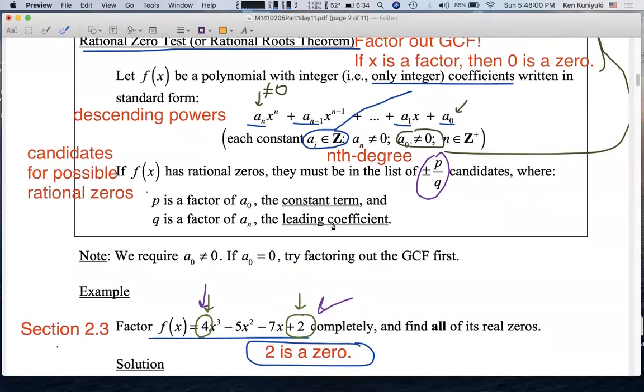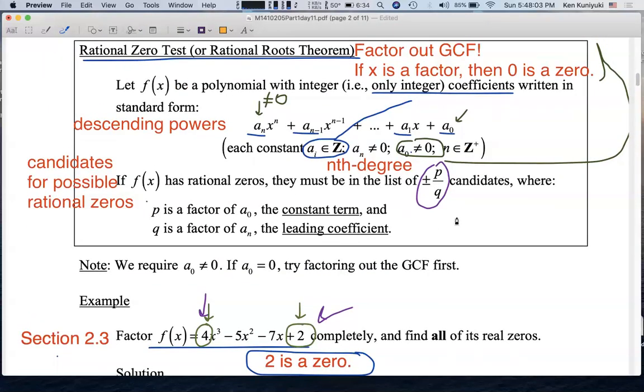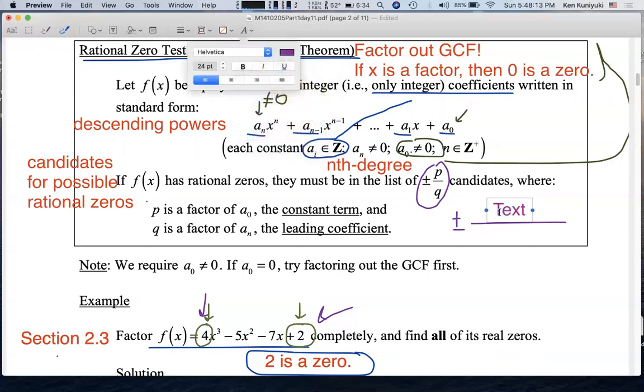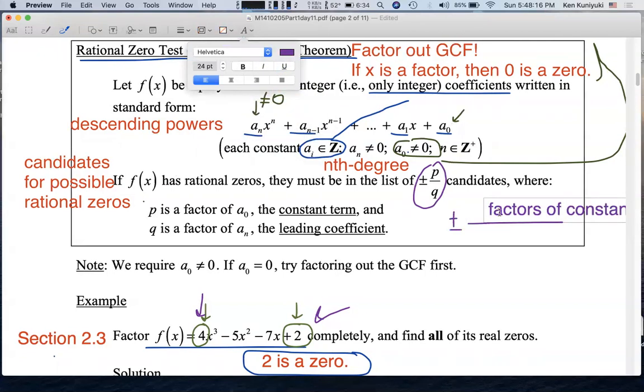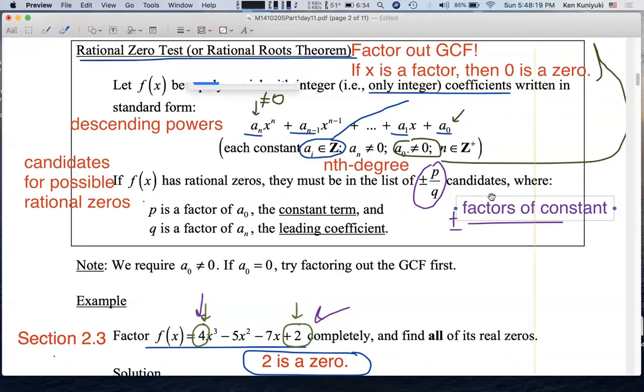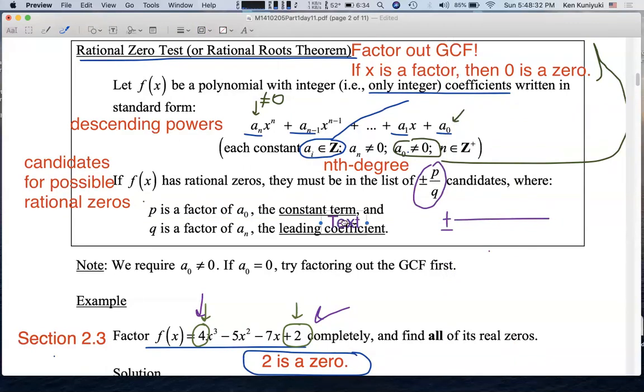So our candidates will consist of the list formed by when you take plus or minus factors of the constant term over factors of the leading coefficient.